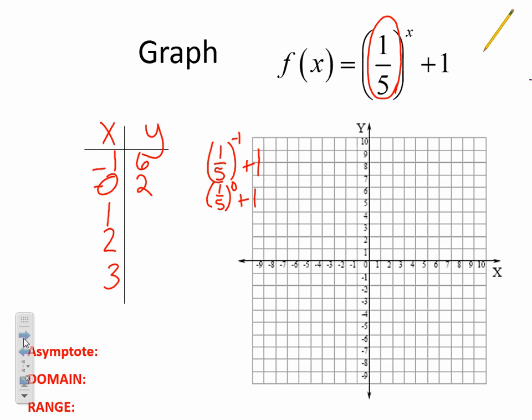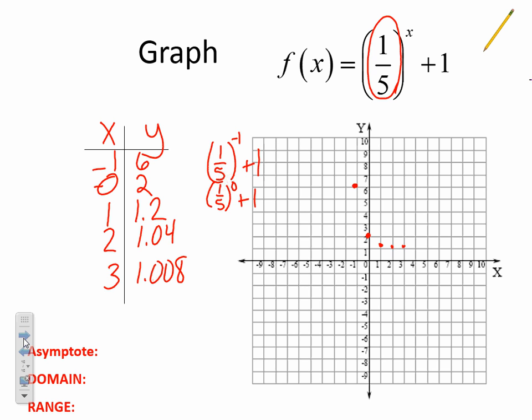Continuing on, when I type in 1, I get 1.2. When I change that x value to a 2, 1.04. 3, 1.008. So if I make a little graph: negative 1, I'm up at 6; 0, 2; 1, 1.2; 2, 1.04; 3, not quite, a little bit above 1.